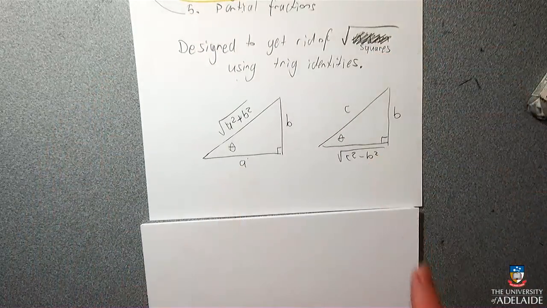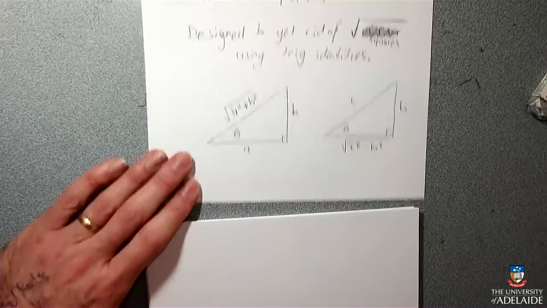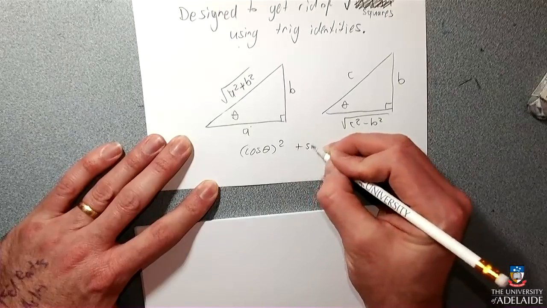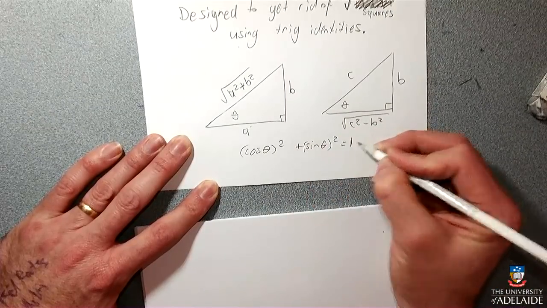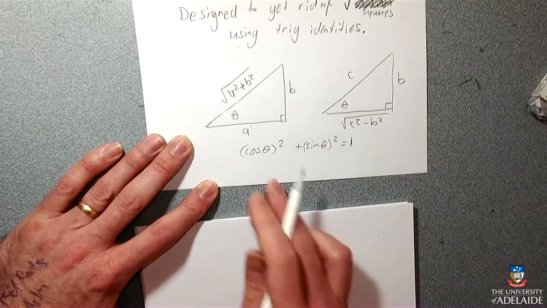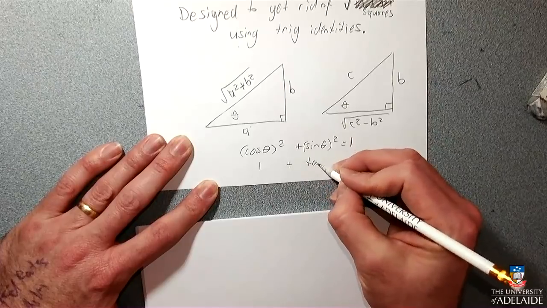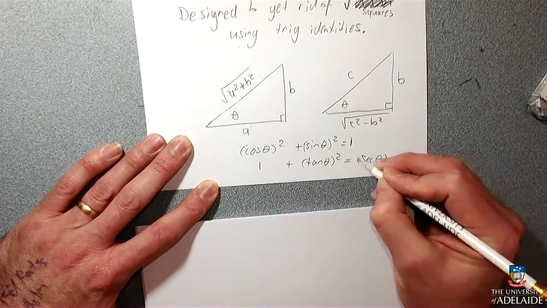But this is the picture that is in my head to help me make decisions, and sometimes I won't use the pictures at all and I'll just directly use trig identities. So the other thing in my head is that cos squared plus sine squared is 1, and the one that you get from here by dividing everything by cos squared, which is 1 plus tan squared is sec squared.